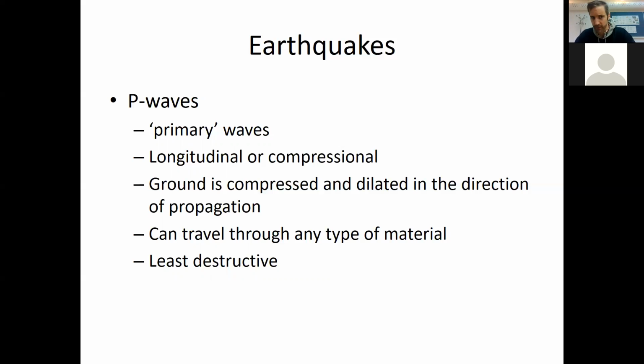The primary waves. They are called primary because they are the first ones to arrive, okay? So different kinds of waves have different speeds at which they transmit, okay?